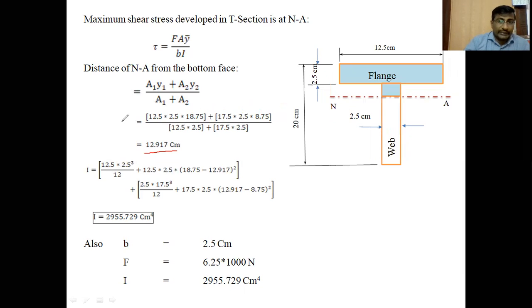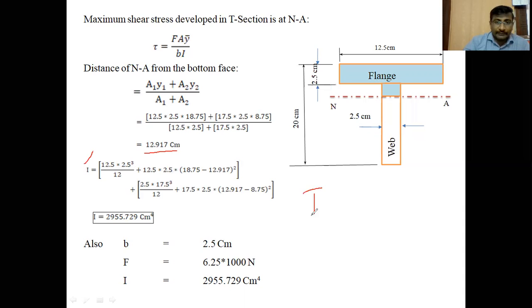And after locating the neutral axis in the T section, find the moment of inertia about that neutral axis. Moment of inertia of flange about neutral axis plus moment of inertia of web about neutral axis is the moment of inertia of the whole section about neutral axis. Let us look at the formula. We use the parallel axis theorem for the flange and for the web.